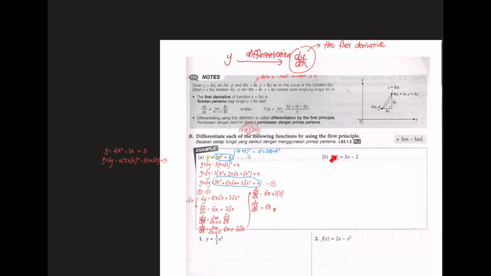But if they give us f(x), you do differentiation, then you will get f prime x. f prime x is also the first derivative. It is the same thing, just a different way to write it down. So we don't write dy dx, we write f prime x.